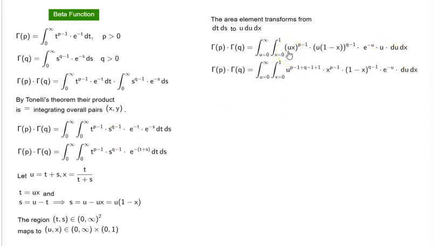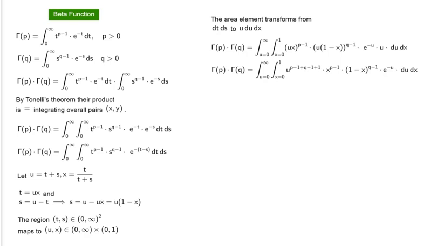Let's take u to the power of p minus 1 times u to the power of q minus 1 is there. So p minus 1 plus q minus 1 plus 1, times x to the power of p minus 1. This one, x to the power of p minus 1 times (1 minus x) to the power of q minus 1 times e to the power of minus u du dx.